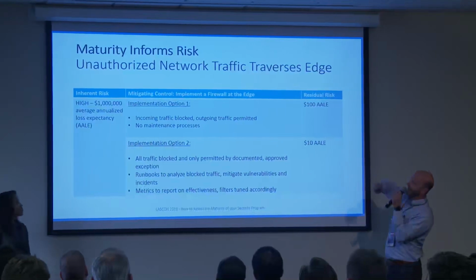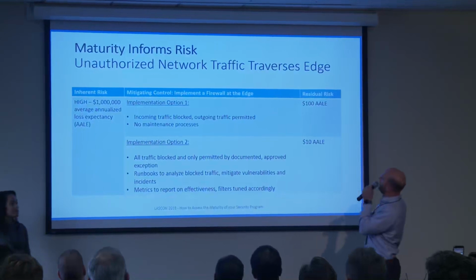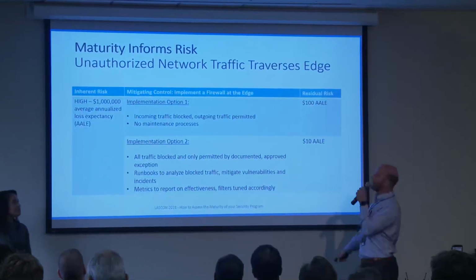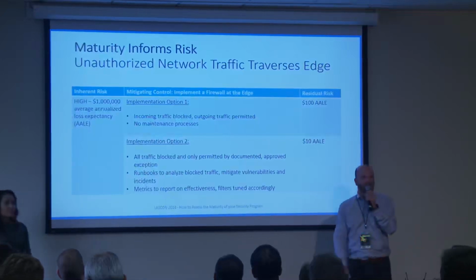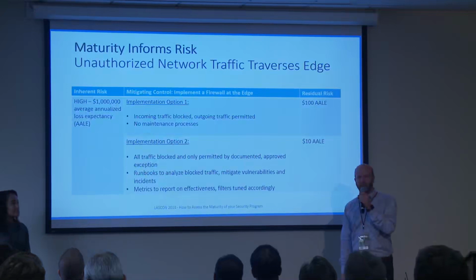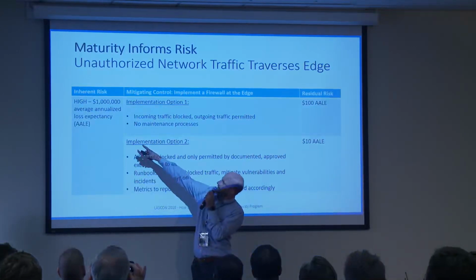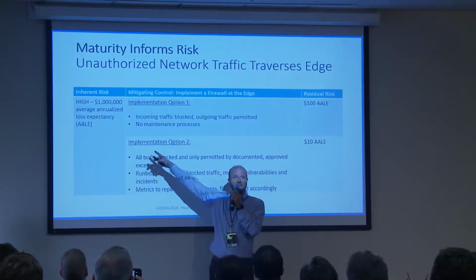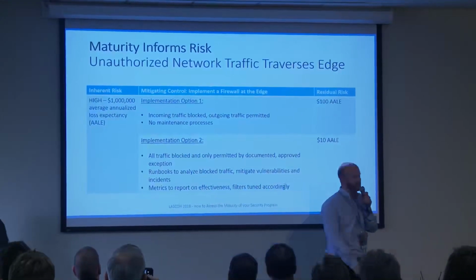Let's look at a risk assessment where the scenario is basically that unauthorized network traffic might traverse my company network's edge between the internet and the internal network. So if I don't mitigate this risk at all, that's a pretty high risk. I might express it qualitatively, or maybe I'm able to express it quantitatively.